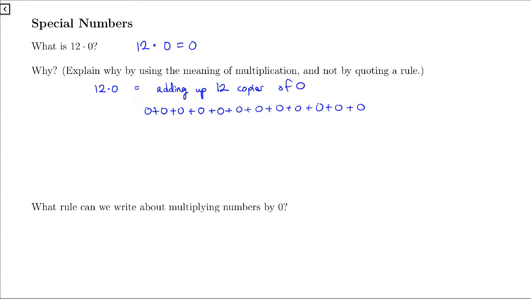You can think about having 12 bags where each bag has 0 apples in it, then altogether you have 0 apples.